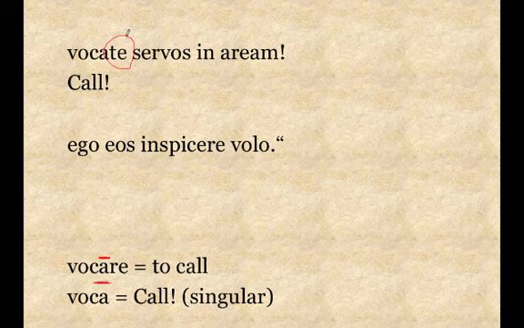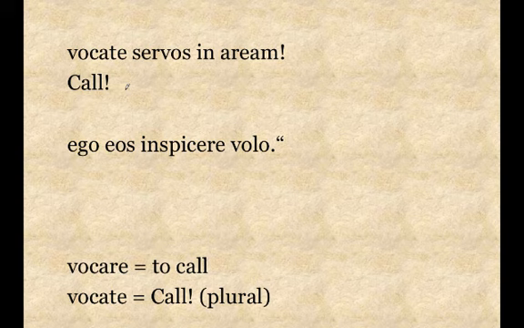To create a plural imperative, simply for this verb, take the singular imperative and add te. So it becomes vocate. Now you're telling more than one person, call. So you may recall when we were in the class and I would come in, I would address all of you saying salvete, because I'm talking to more than one person. If you're talking just to me, you would say salve.